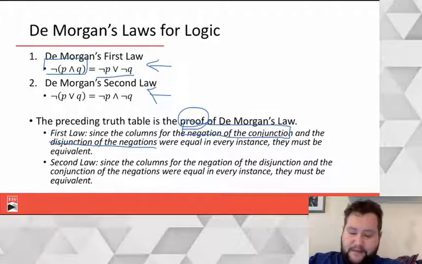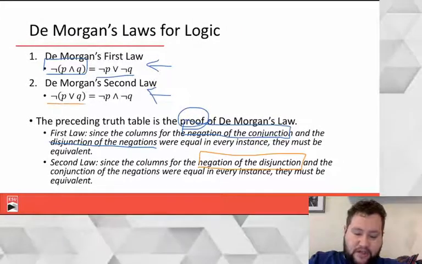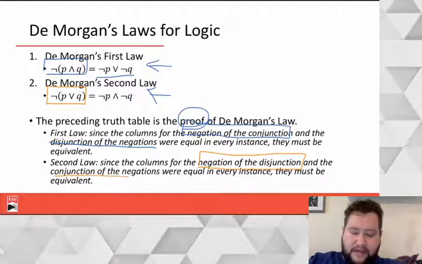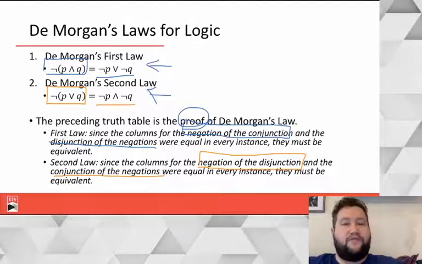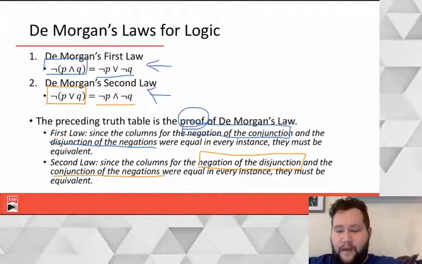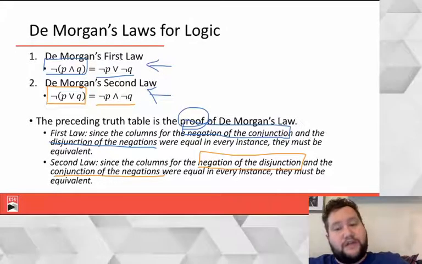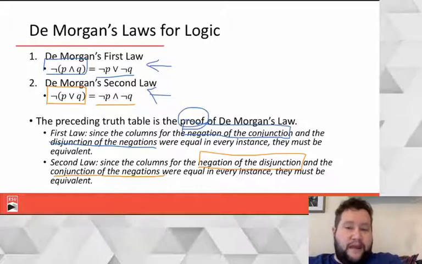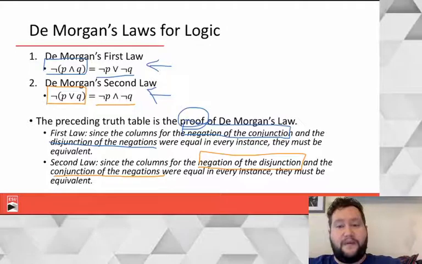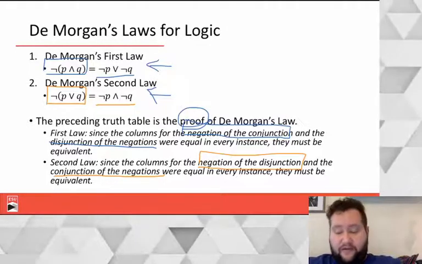And since the columns for the negation of the disjunction and the conjunction of the negations were equal in all four cases, they must be equivalent. Whenever we're proving things in logic, we often use a truth table, because that shows us exhaustively, in every possible combination of truth values, whether or not they have the same resulting truth value.